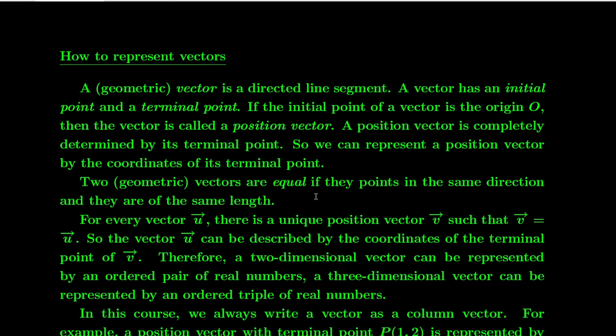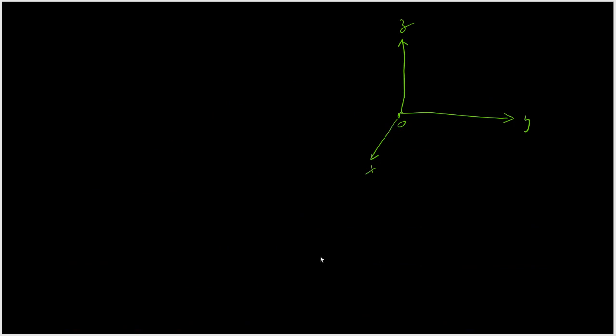We are going to define it in two ways. One way is geometrically. A geometric vector is a directed line segment. We use a directed line segment to represent a vector. In most cases we imagine the vector in a rectangular coordinate plane or space.